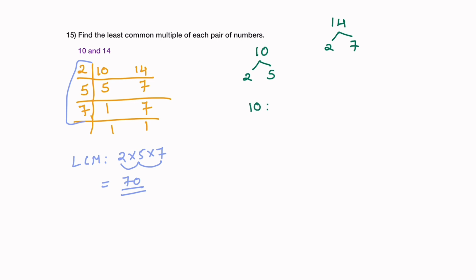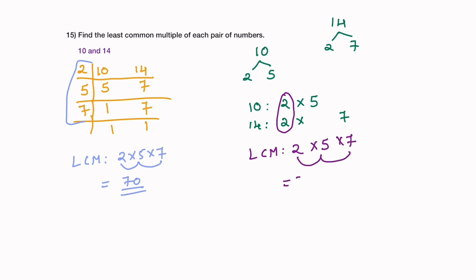So we say 10 is 2 times 5 and 14 is 2 times 7. Right? So now here you see that this 2 is common. So when we find LCM, we say 2. That common 2 we write only once. Okay? And then what's left from 10? We have 5. And what's left from 14? It's 7. So 10 and 70.